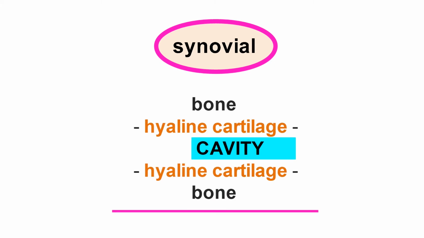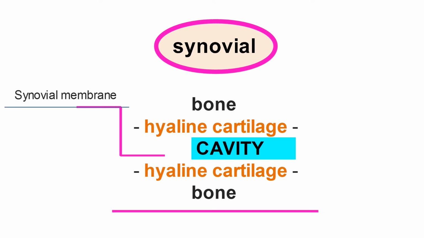Probably this is an opportunity to revise our knowledge of synovial joints, which are made in the following order. It is a bone covered with hyaline cartilage, and there is a cavity, and then the hyaline cartilage of the next bone.